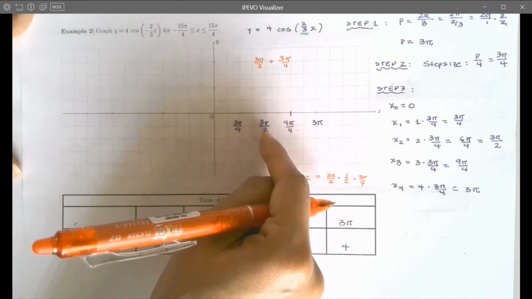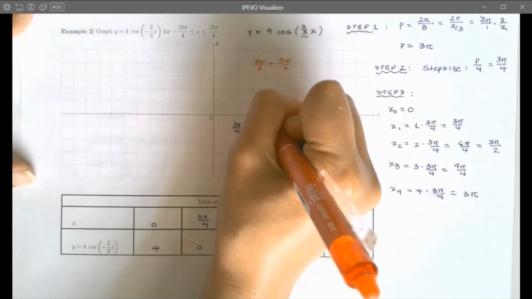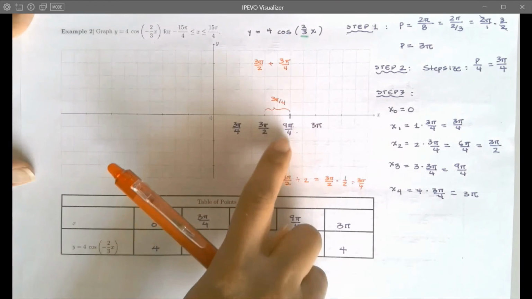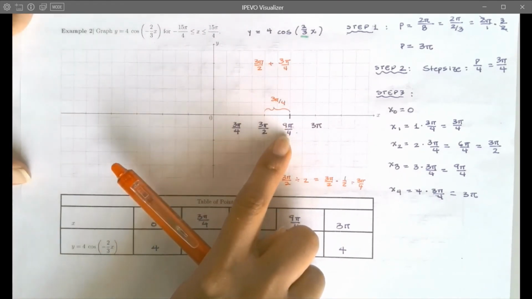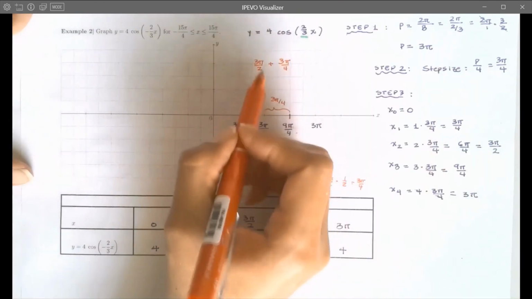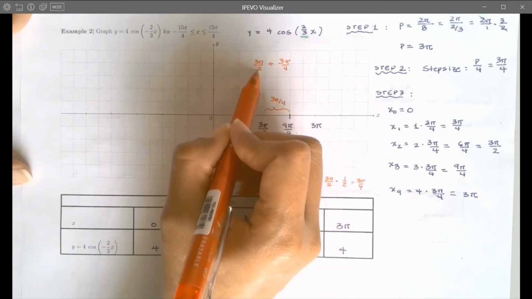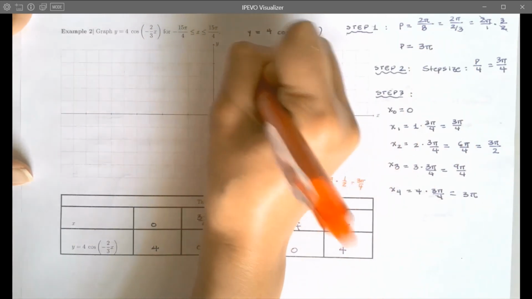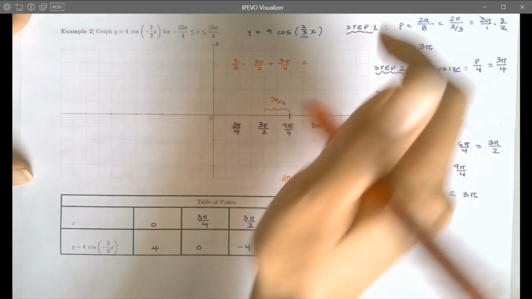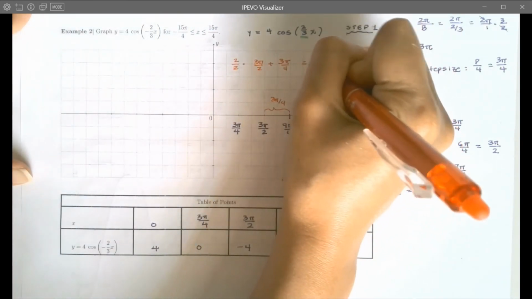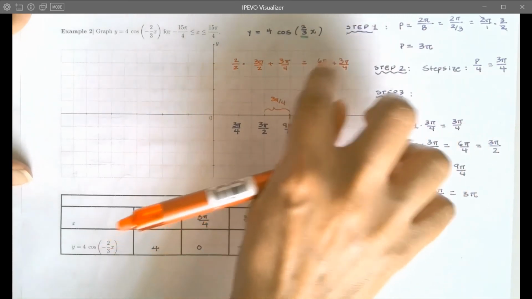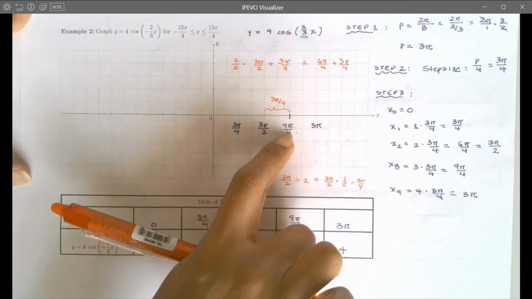So that means taking the 3 pi over 2 and adding this piece, which measures 3 pi over 4. We just want to verify that it really does give us 9 pi over 4. So for this one here, we would need to multiply top and bottom by 2 in order to have the same denominator. That would give us 6 pi over 4 plus 3 pi over 4. And then adding those two together gives you 9 pi over 4.